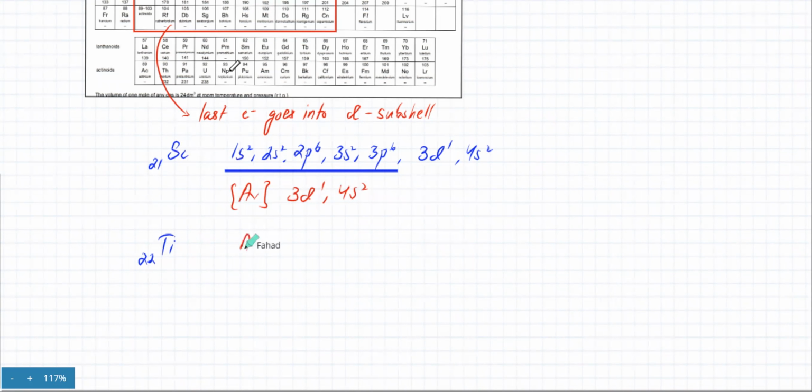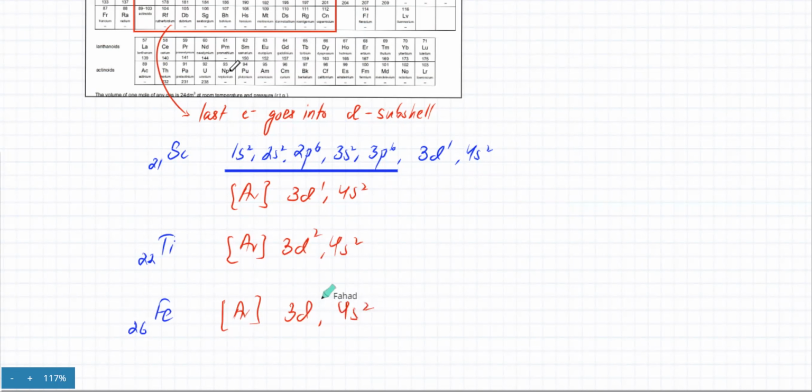It's going to be the same argon 18 electrons, and then 4s gets 2 electrons, and then there would be 2 electrons in the d. So every transition metal in a particular row has the same shell numbers and the same subshells. The number of electrons are different. If I pick iron, iron is 26. So the electronic configuration is exactly the same: argon followed by 4s 2 electrons and then 6 electrons in the d.